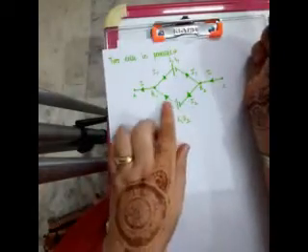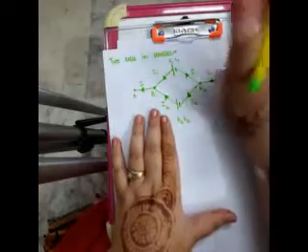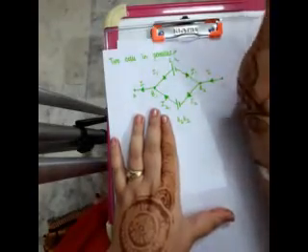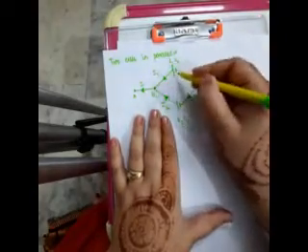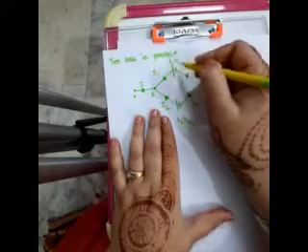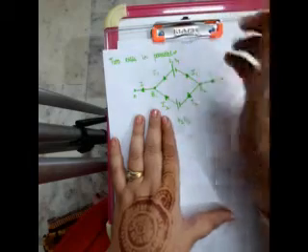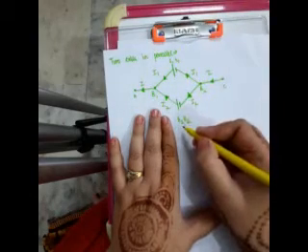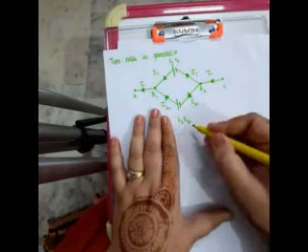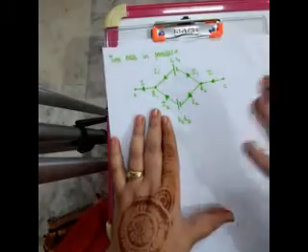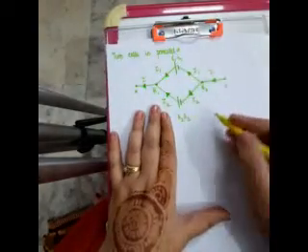Now suppose the two cells are connected in a parallel combination like this. You have two cells, the one having EMF epsilon 1 and internal resistance R1, and the other one having EMF epsilon 2 and internal resistance R2. Now they are connected in a parallel combination.